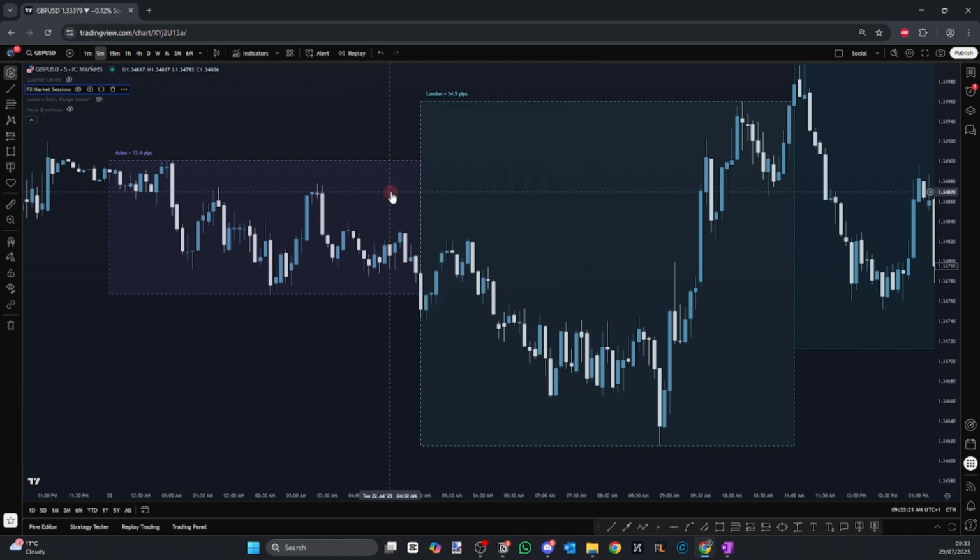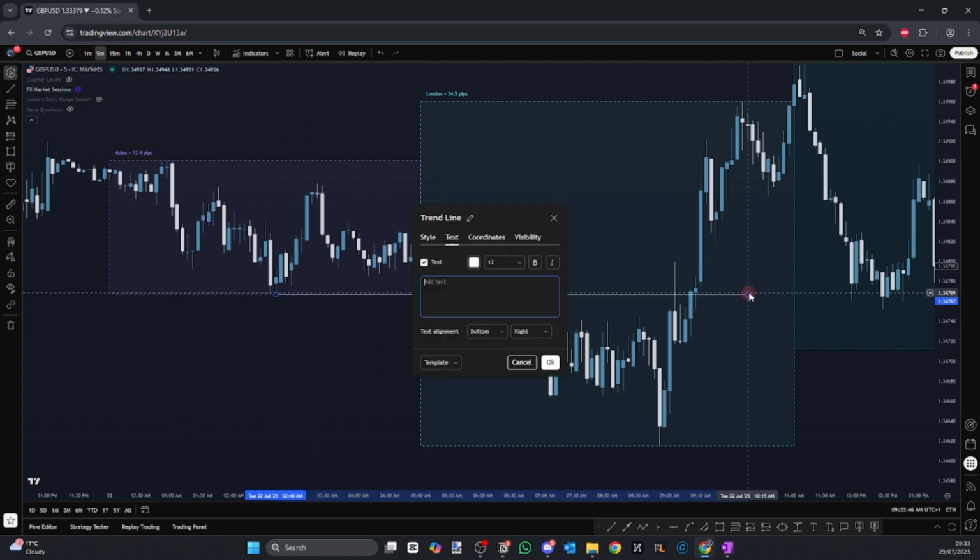Anyways, in this example, you can see that the Asian range was a tight sideways range, which is perfect. So we can assume that there is liquidity sitting both above and below this trading range. And then as we get into the London trading session, you can see that price opened towards the downside, taking out the sell side liquidity, the liquidity which is resting below the Asian trading range.